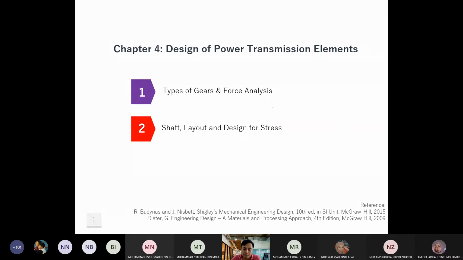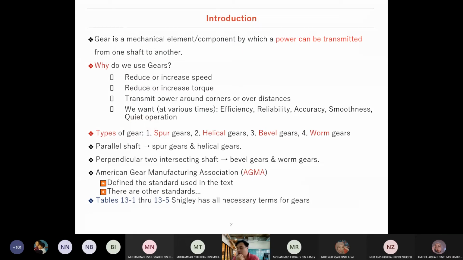All right, let's begin with the first slide. Introduction. So what is a gear? If you look at the statement here, it says that the use of a gear is to transmit power from one shaft to another shaft. That is the reason we use gears.